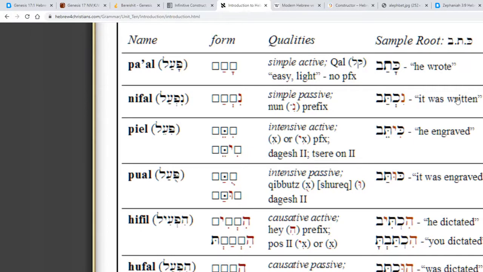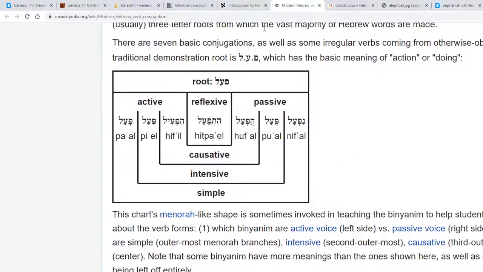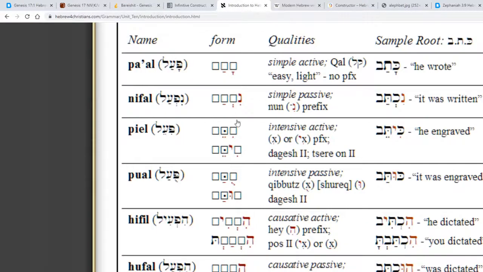It's passive. Then there is this active intensive, and most words will show up in either the simple or the intensive. So kitev would theoretically be he engraved, because it's more intensive than to write. It's still active. Then there's the intensive passive, kutav, it was engraved.